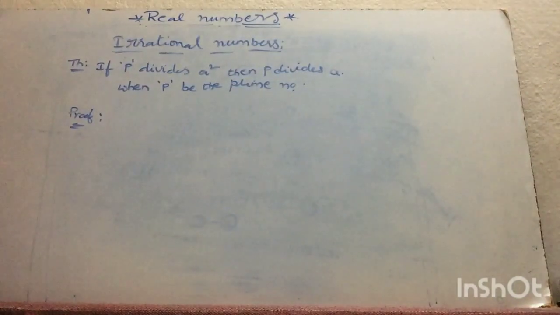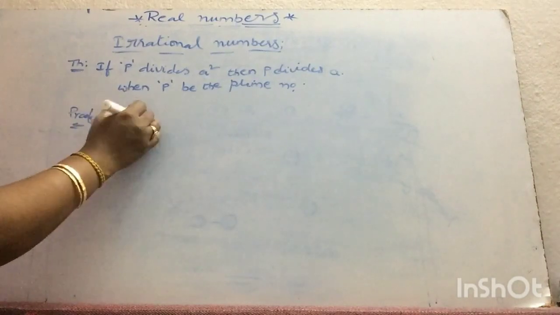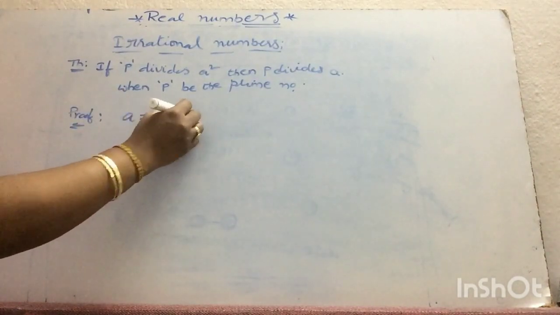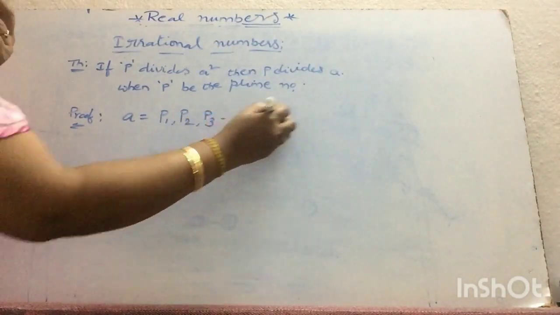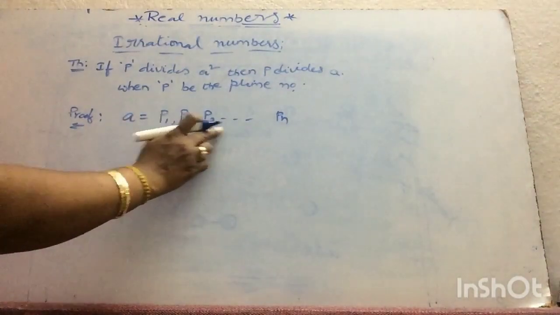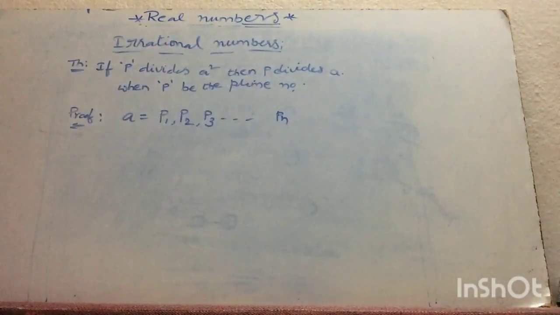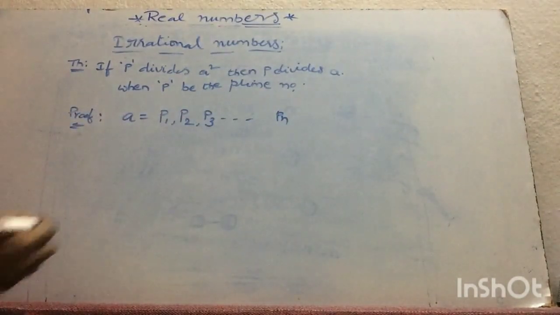Let the prime factorization of A be A equal to P1, P2, P3 and so on up to Pn, where P1, P2, P3 are prime numbers. Then squaring on both sides, what do we get?